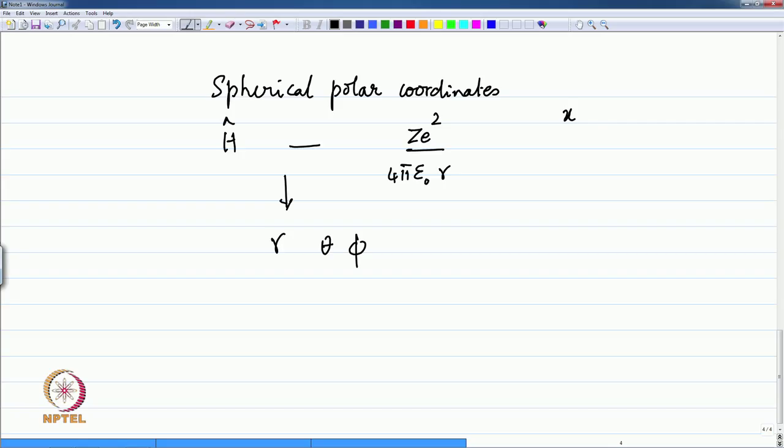The standard relations for these are x is equal to r sin theta cos phi, y is r sin theta sin phi, and z is r cos theta.